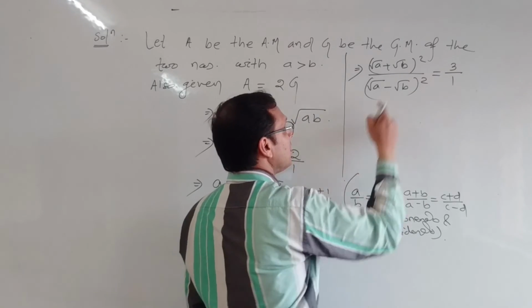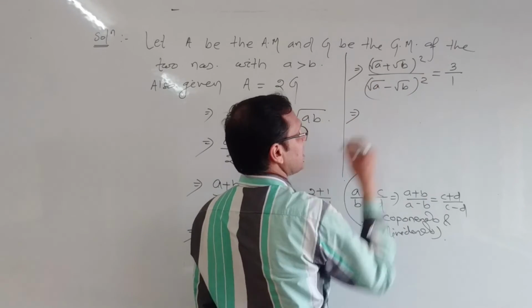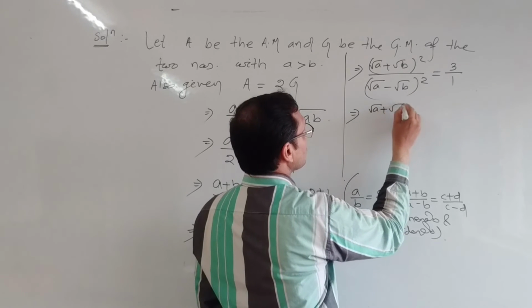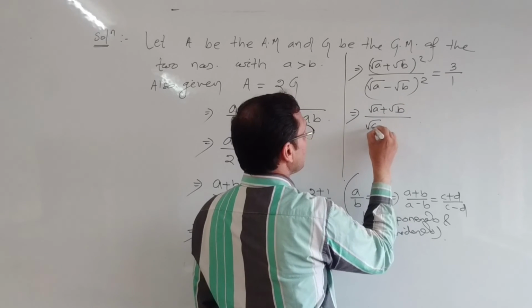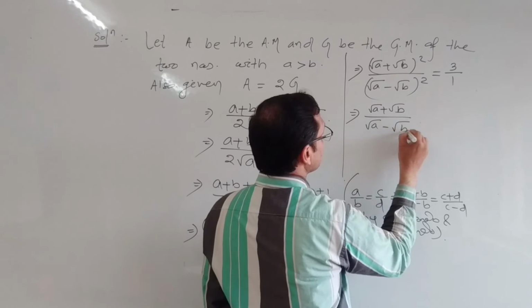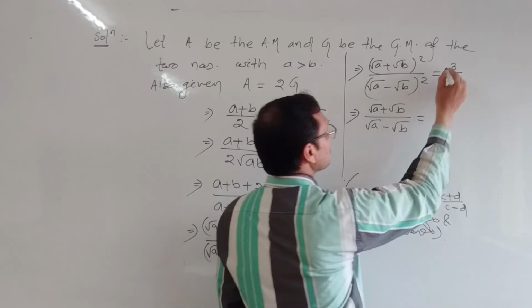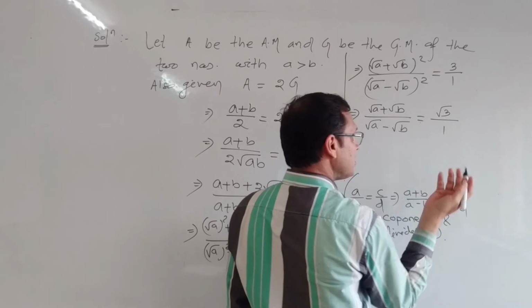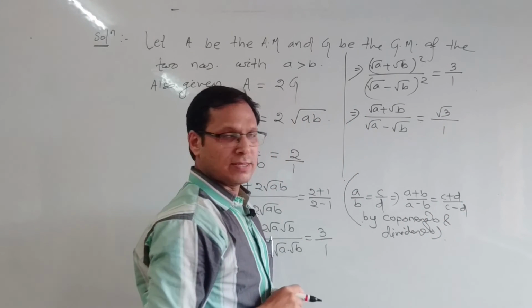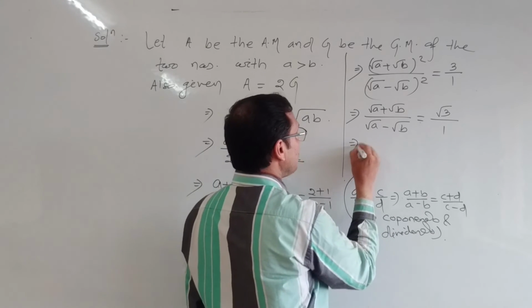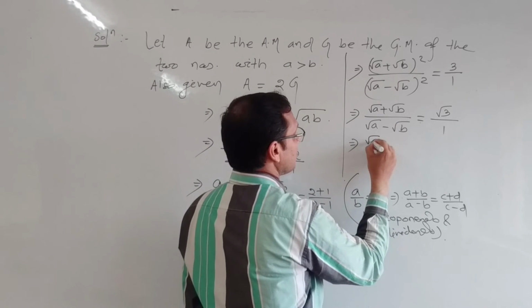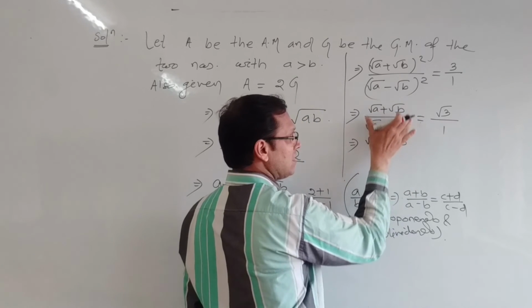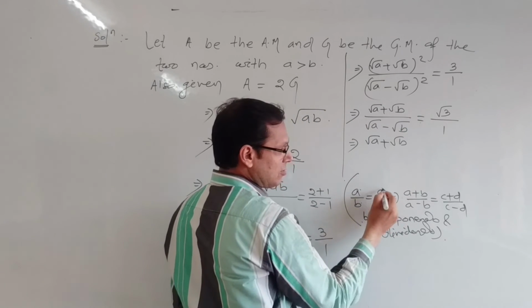Now taking square root both the sides, we'll get here (root a plus root b) by (root a minus root b) is equal to how much? That is root 3 by root over of 1, 1, isn't it? Again by componendo and dividendo, what will we get? Root a plus root b, this one is a, this one is b, so a by b is equal to c by d.